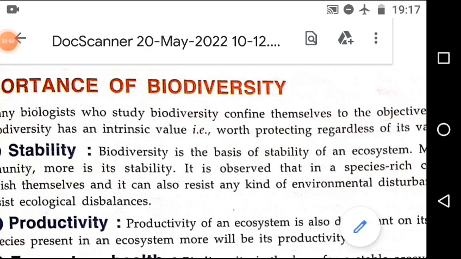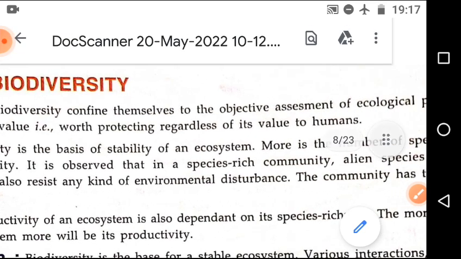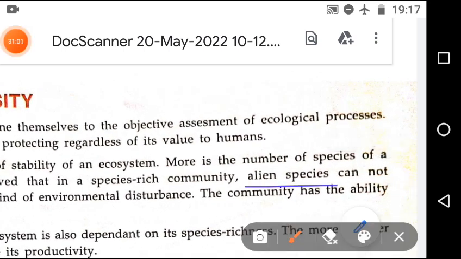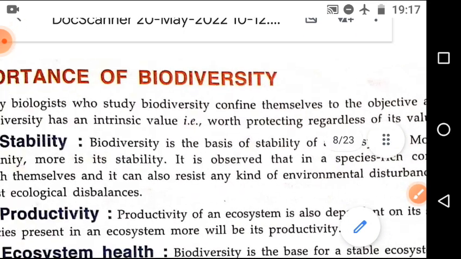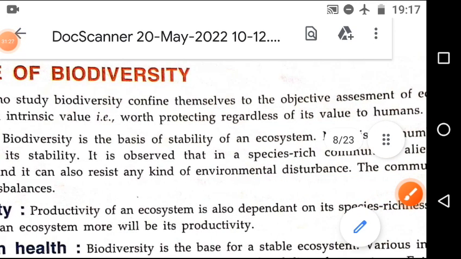Then see, it is saying in this line, it is observed that in a species rich community, alien species, alien means the foreign species, the species from outside, cannot establish themselves and cannot resist any kind of environmental disturbance.